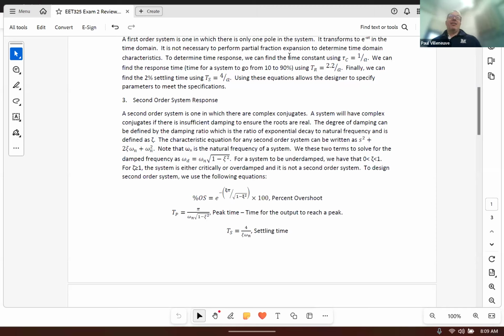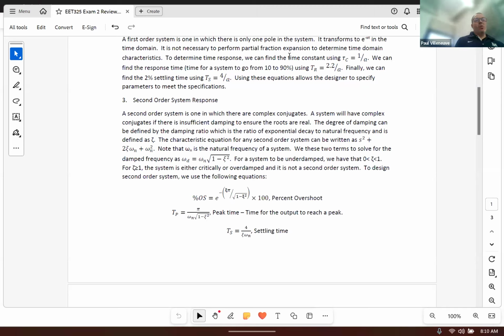So we spent a lot of time looking at second order systems, and we sort of formalized them with a bunch of different terms. We developed this term zeta, which is our damping coefficient or damping ratio. We developed omega sub n, which is our undamped natural frequency. And we developed omega sub d, which is our damped natural frequency.